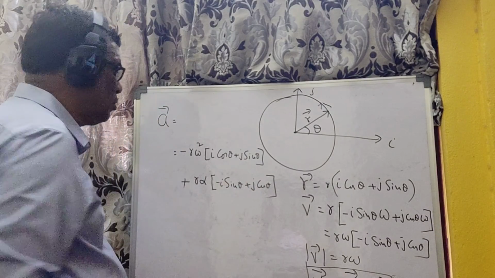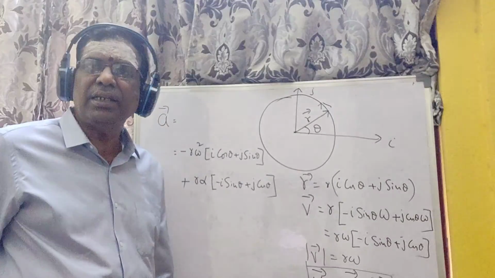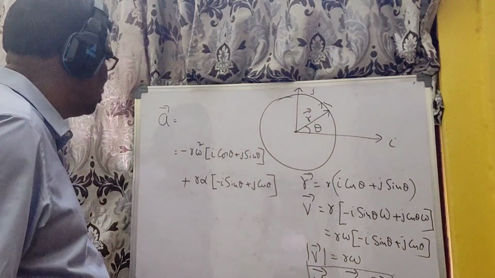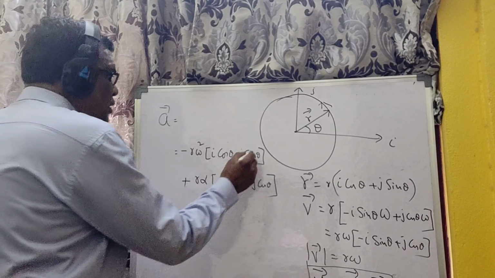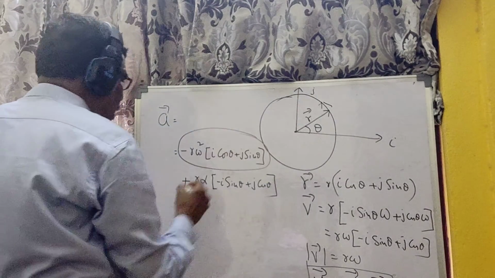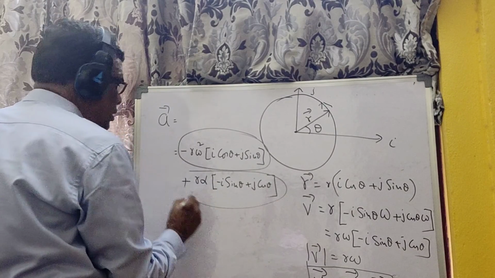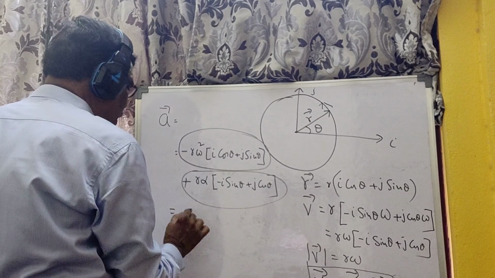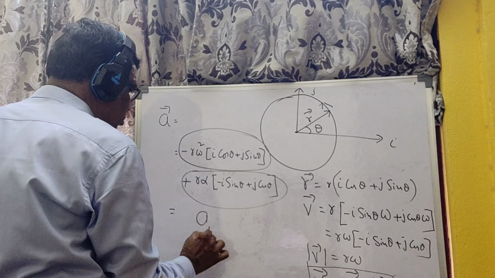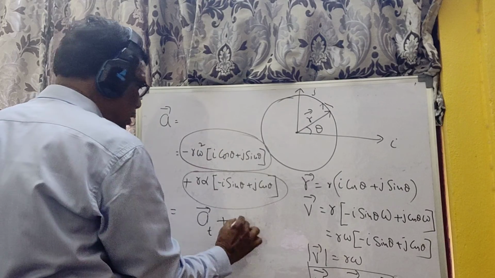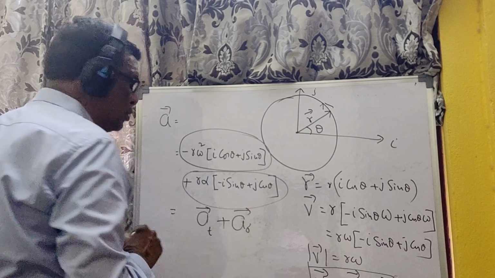This could be plus or minus depending on whether the value is increasing or decreasing. This is the normal acceleration, and this is the tangential acceleration. Therefore, you write this as a_t bar plus a_r bar.